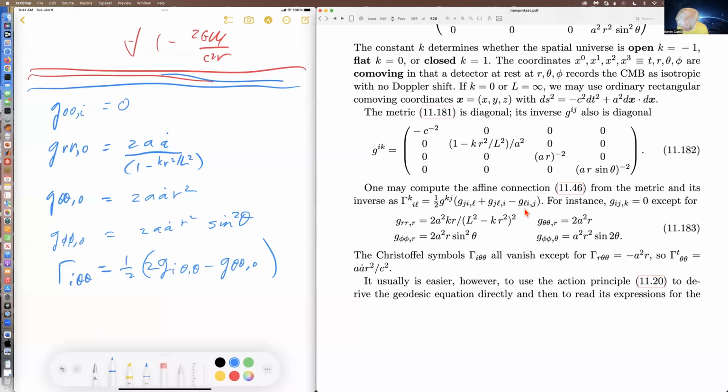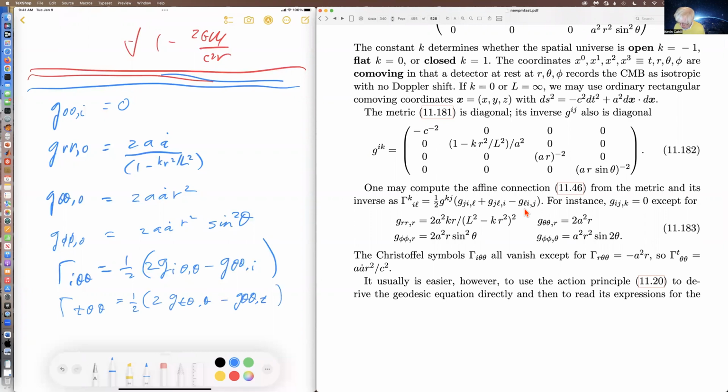I switched from I to 0 in that last one. And in particular, it's not 0, it's t. So gamma t theta theta then would be 1/2 times 2g t theta, comma theta, minus g theta theta, comma t.